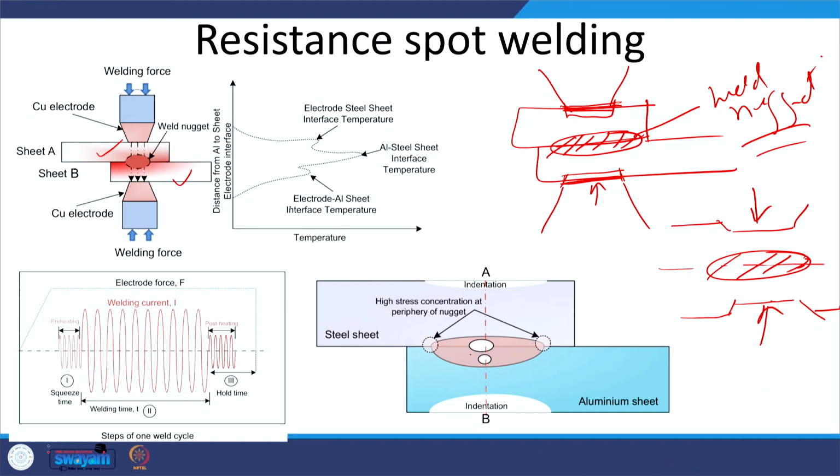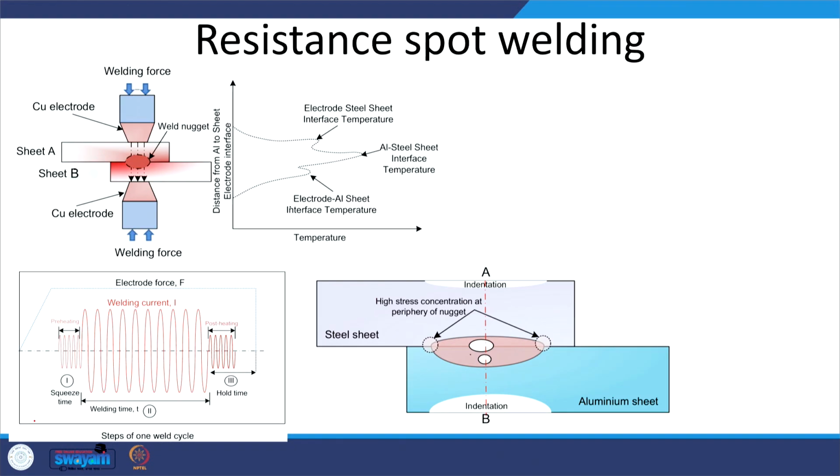What we do during resistance spot welding is that initially the sheets are placed between the electrodes and pressure is applied, and that pressure is maintained throughout the welding.